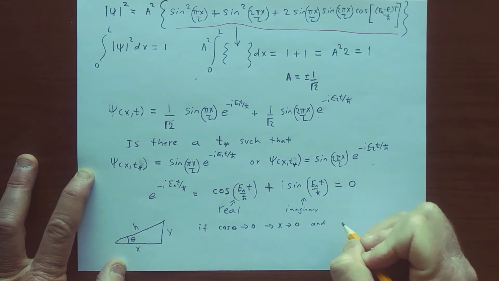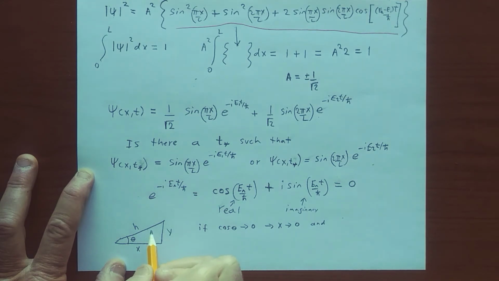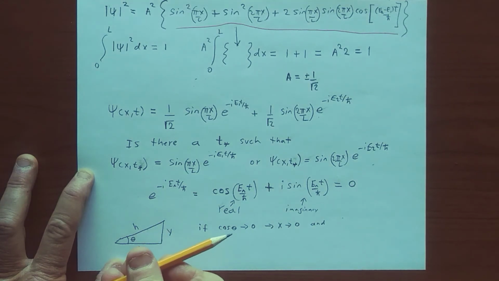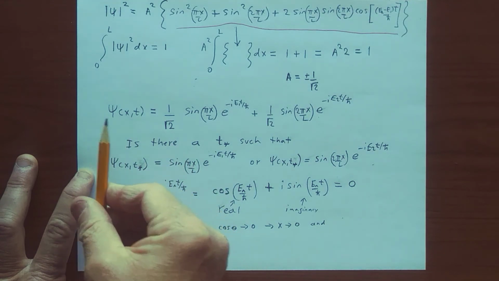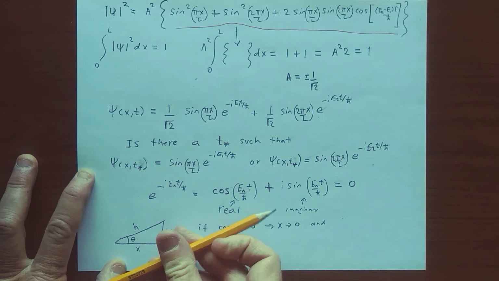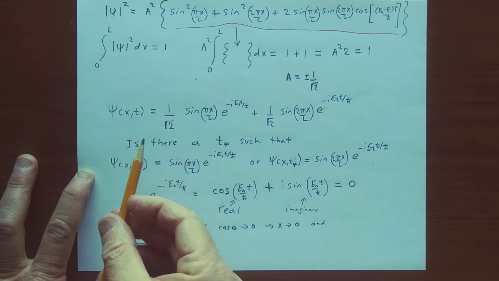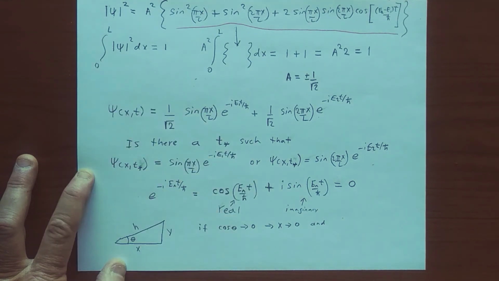Let's see. So how do we make that go to 0? Well, one way to do it is to think of theta increasing to 90 degrees, right? We could also do it negative, but if we think of theta going to 90 degrees, then the x is getting smaller and smaller as our triangle is moving upwards, and eventually we just get a vertical line, and so y becomes h.